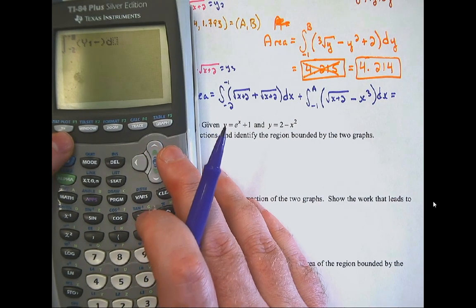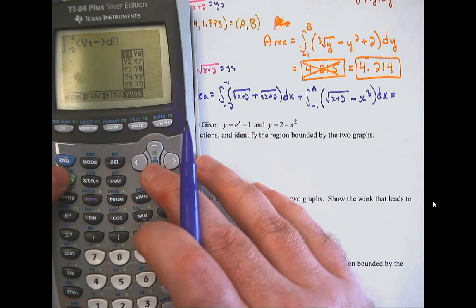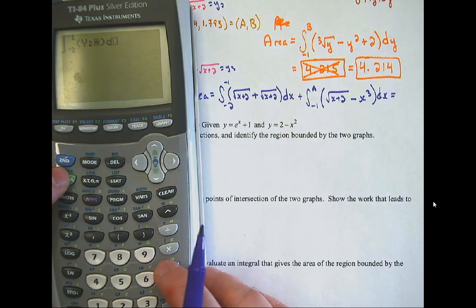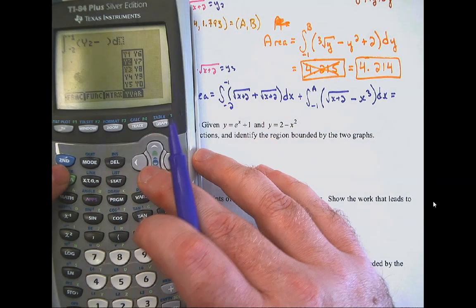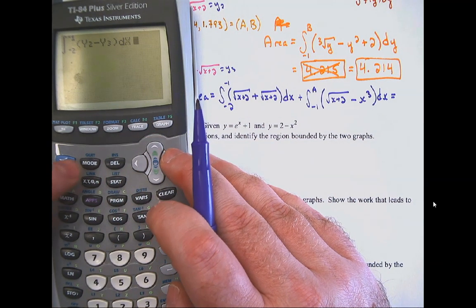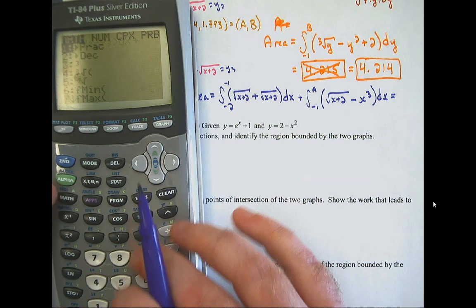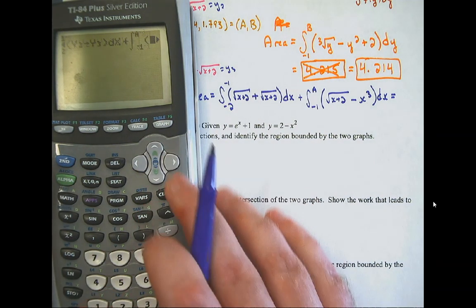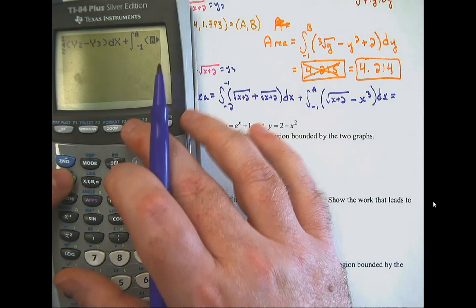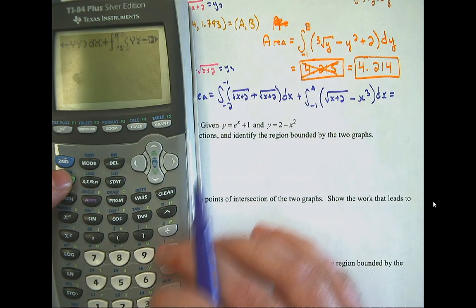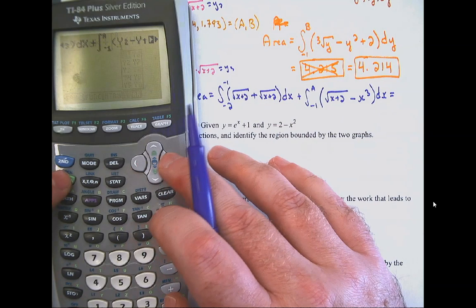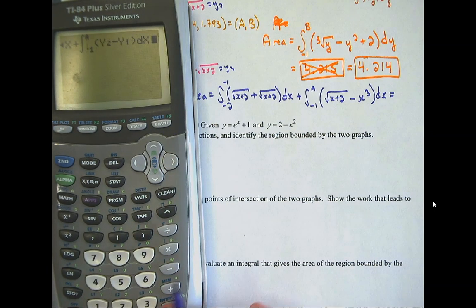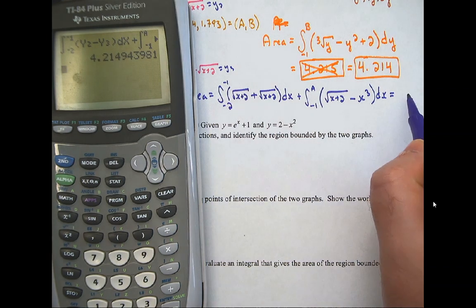I want to do y2 minus y3 according to x, plus math 9 from -1 until a of y2 minus y1 according to x. 4.214, 4.214, 4.214.